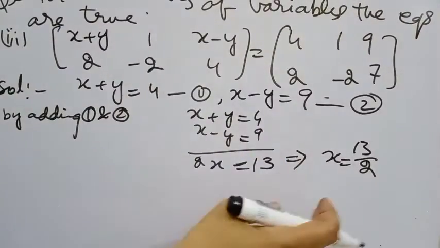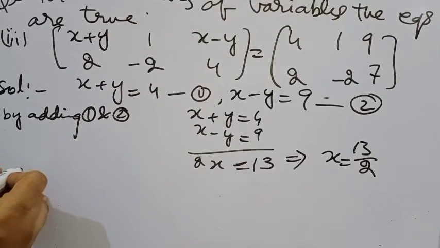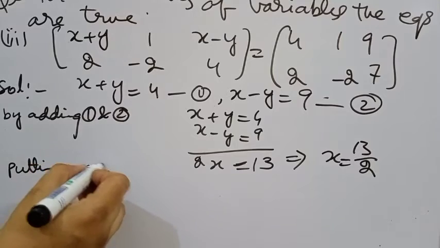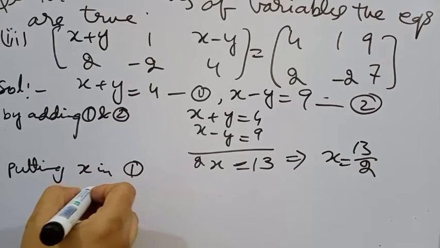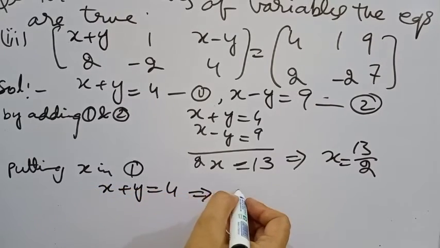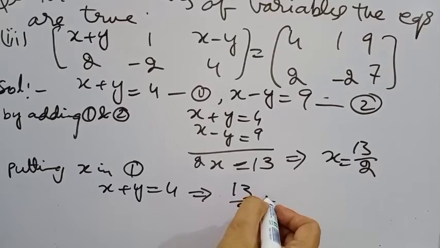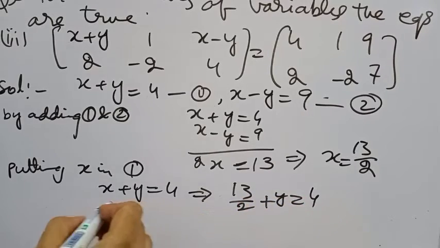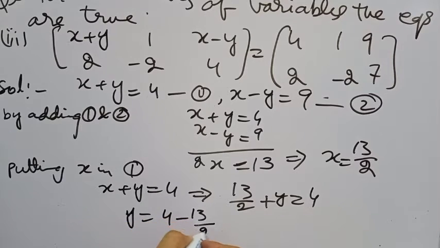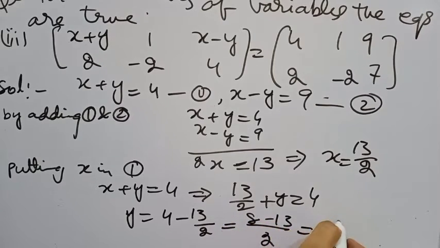By putting this value of x in equation number 1, we have x plus y is equal to 4, which implies 13 divided by 2 plus y is equal to 4, and y is equal to 4 minus 13 divided by 2, which is equal to (8 minus 13) by 2, which is minus 5 by 2.